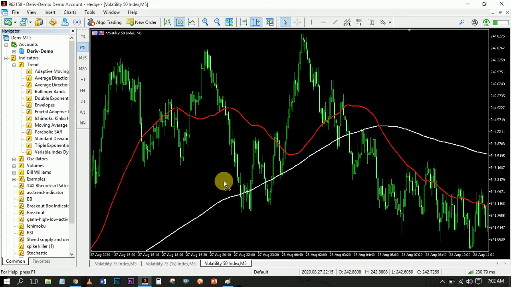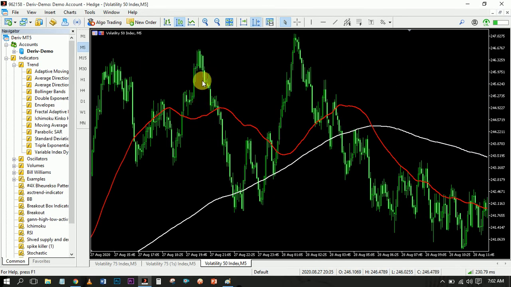For instance, you can see here that the market is still in an uptrend because your 50 moving average has not crossed below your 200. But you notice that the candle is in between your 50 and your 200. So what's the guarantee that this can still push to the upper side?